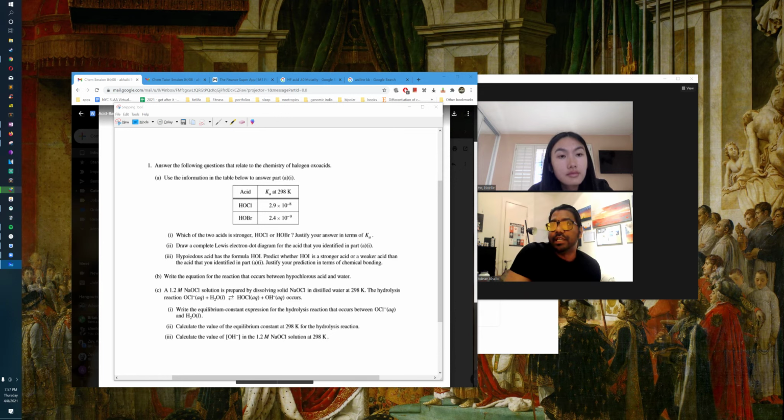Oh, okay, so we can set it equal to that, plug this in for OCl minus, and then do x squared over there. Equilibrium constant.